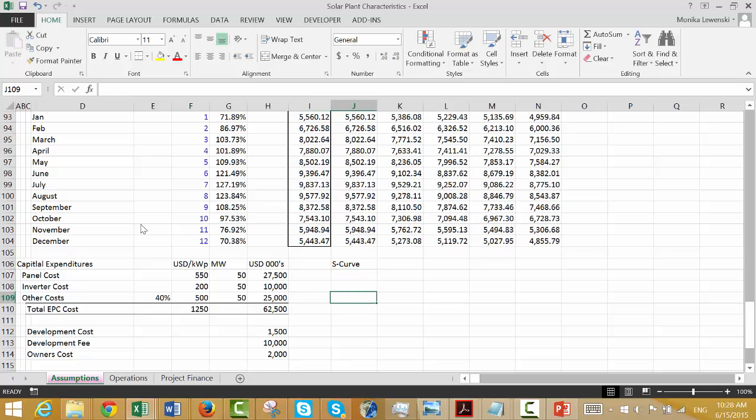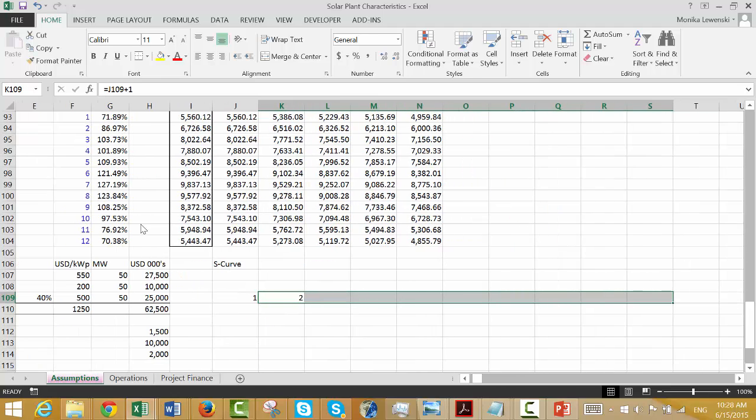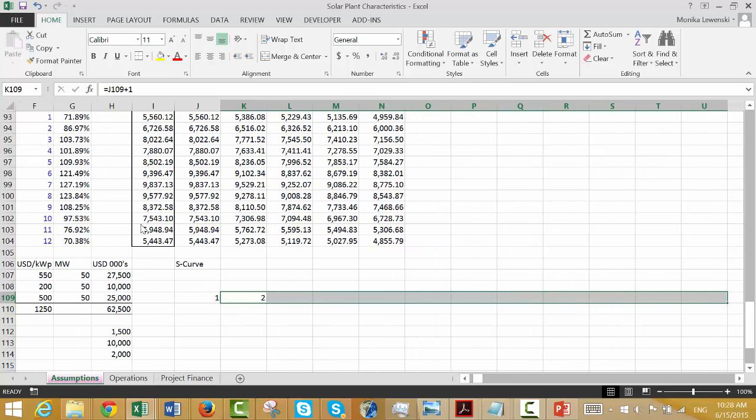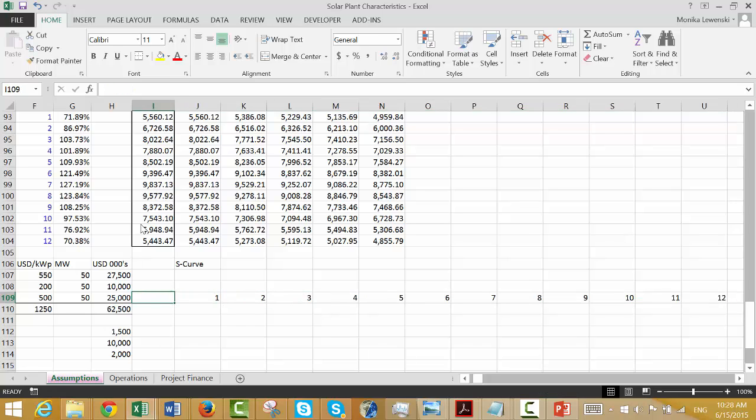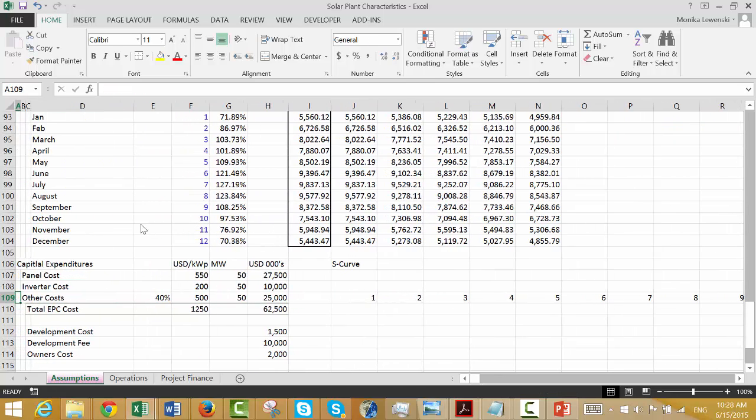But let's put month. So let's go from month 1 to month, how about month 1 to month 12? Now here's the problem: we'll put the construction months here.